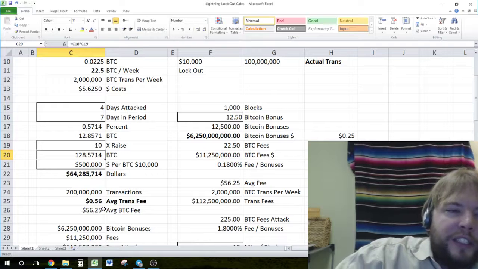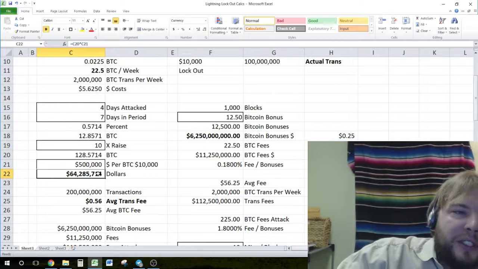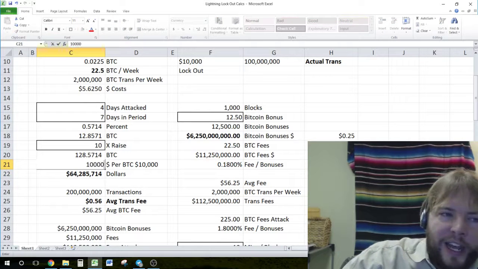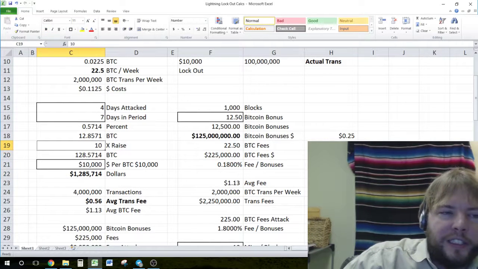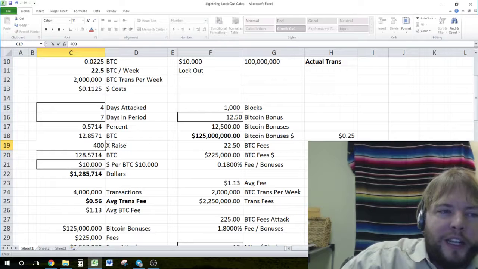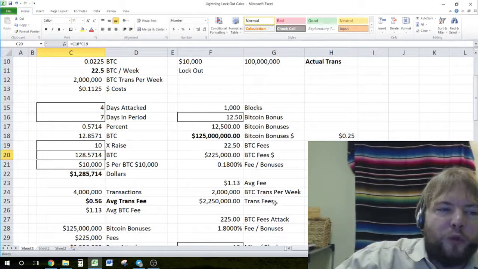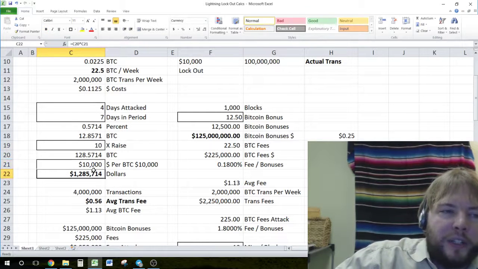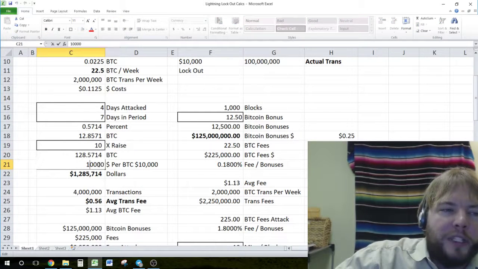Well, just to increase the fees only 10 times, it's going to cost them $50 million. Whereas today, as most transactions are sent over the Bitcoin network, to increase it 10 times costs them $1 million. So to get a 10x disruption of the Bitcoin network, it costs you $1 million today.